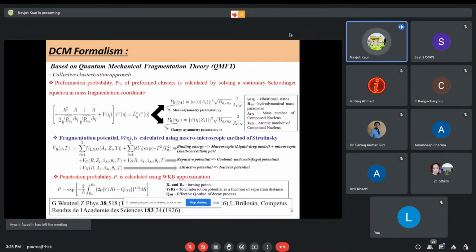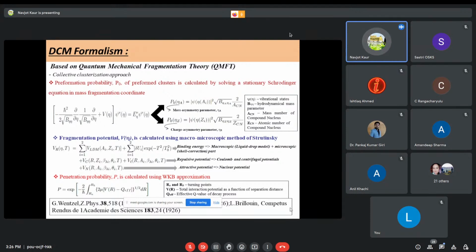The Coulomb potential and angular momentum potential, or centrifugal potential, are basically repulsive, and the nuclear proximity potential is an attractive potential. Another probability we use is the penetration probability, calculated using the WKB approximation. The expression for the penetration probability is given over here, where Ra and Rb are the turning points. Ra is the starting point of the tunneling, and Rb is where it terminates.